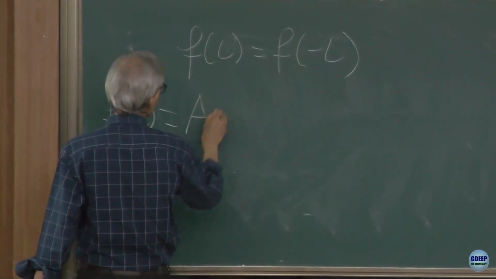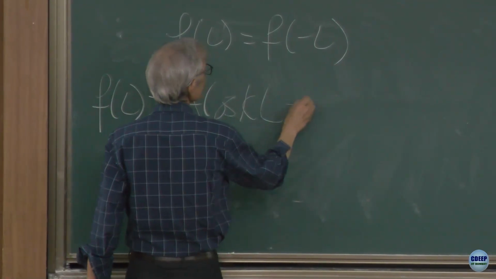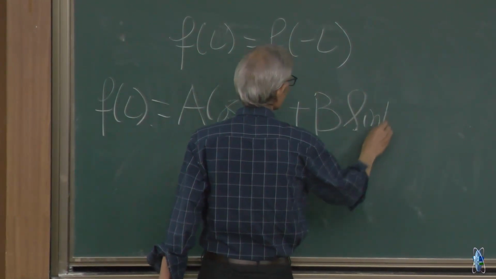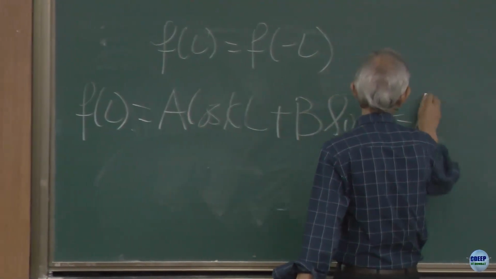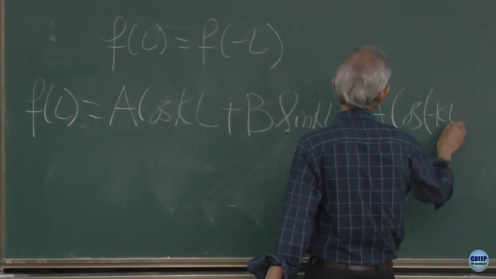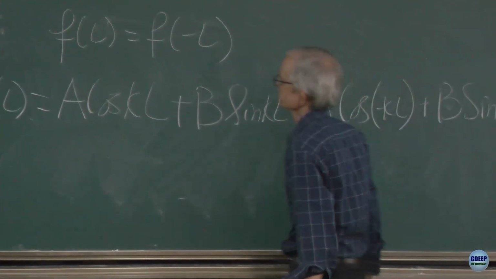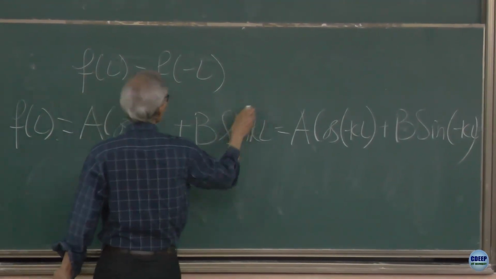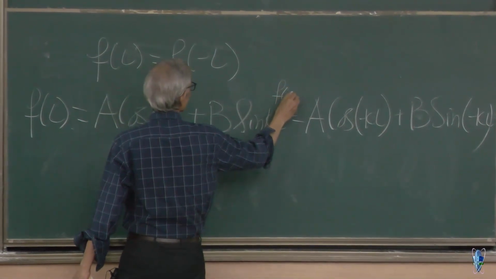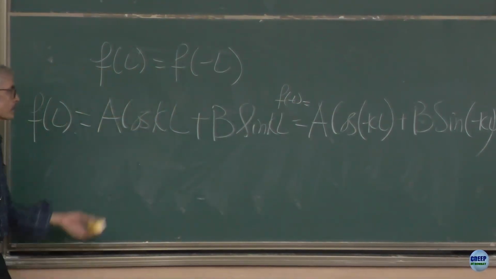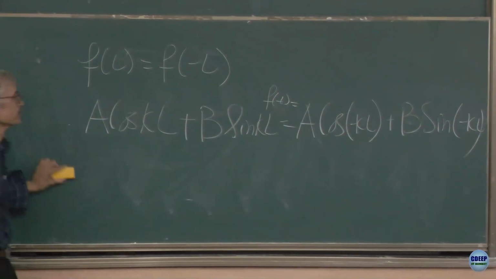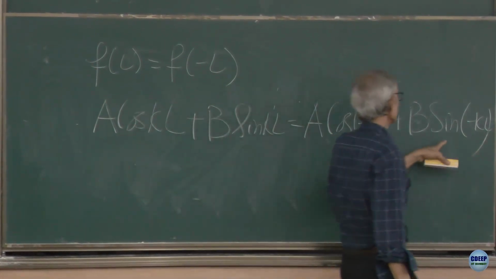So f of L is equal to a cos kL plus b sin kL, which is equal to a cos minus kL plus b sin minus kL. What does this give me? This expression here.